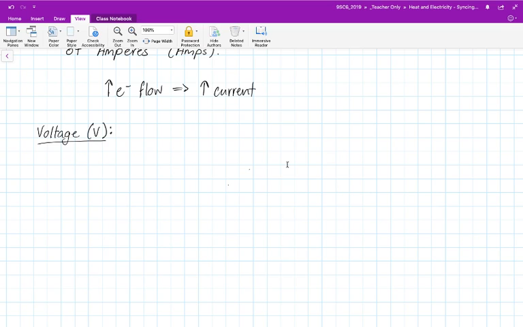Okay, so voltage is a measure of the amount, don't mind my dog, of energy supplied to a circuit via a power source or used by a component.